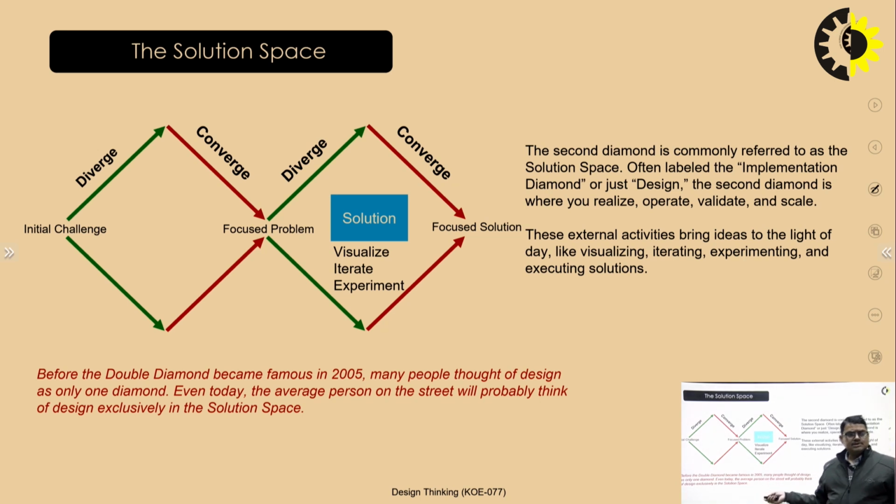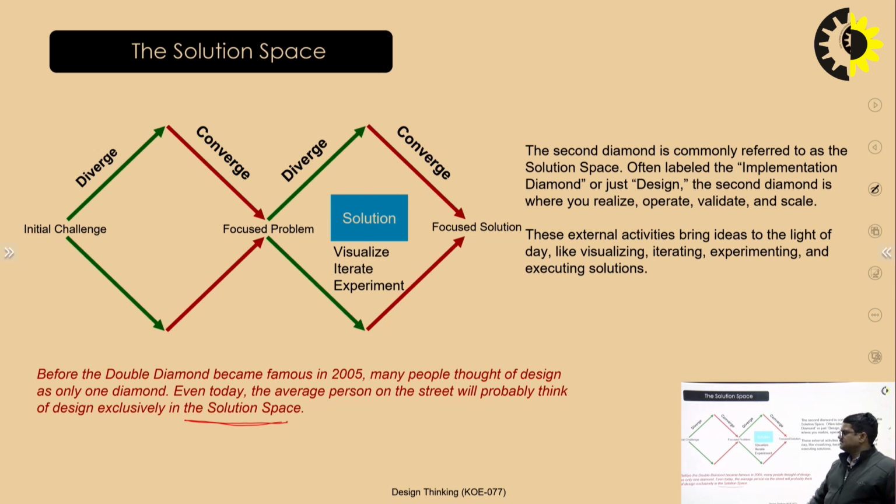Before the double diamond became famous in 2005, many people thought of design as only one diamond, right. But even today, the average person on the street will probably think of design exclusively in the solution space. This is a potential misconception in the domain of design thinking.